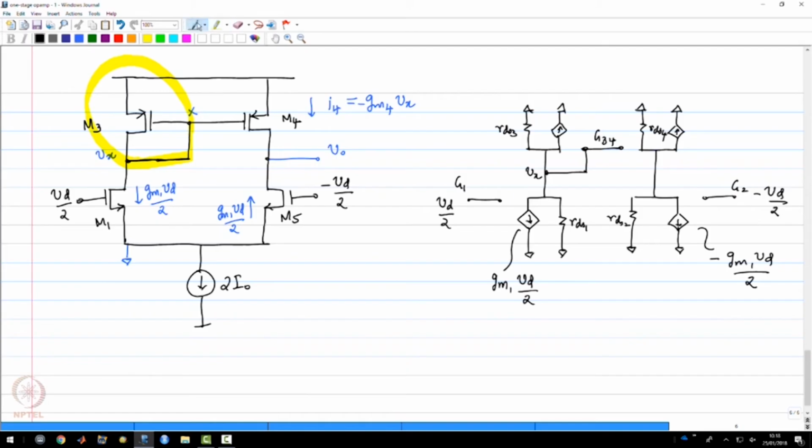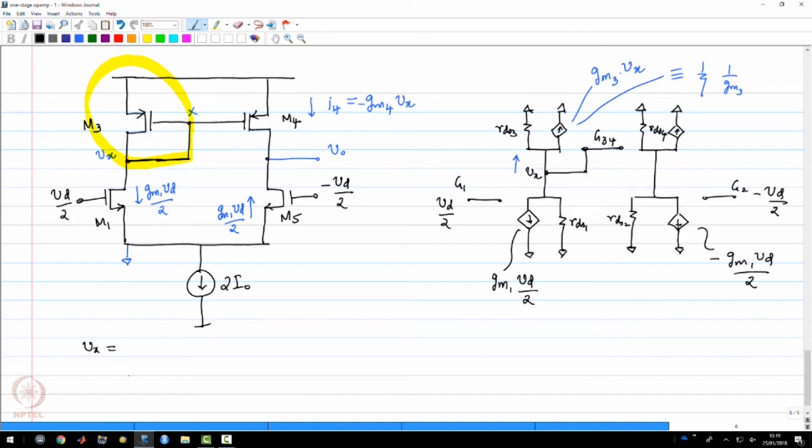In other words, what I should get from my analysis is that the impedance looking upwards, presented by M3 at node X, should be equal to 1 over Gm3. But now, as you can see, this happens to be a current that is Gm3 times Vx, okay, and that should show you that this is actually a resistor of value 1 over Gm3. We have seen this before when we were looking at much simpler circuits.